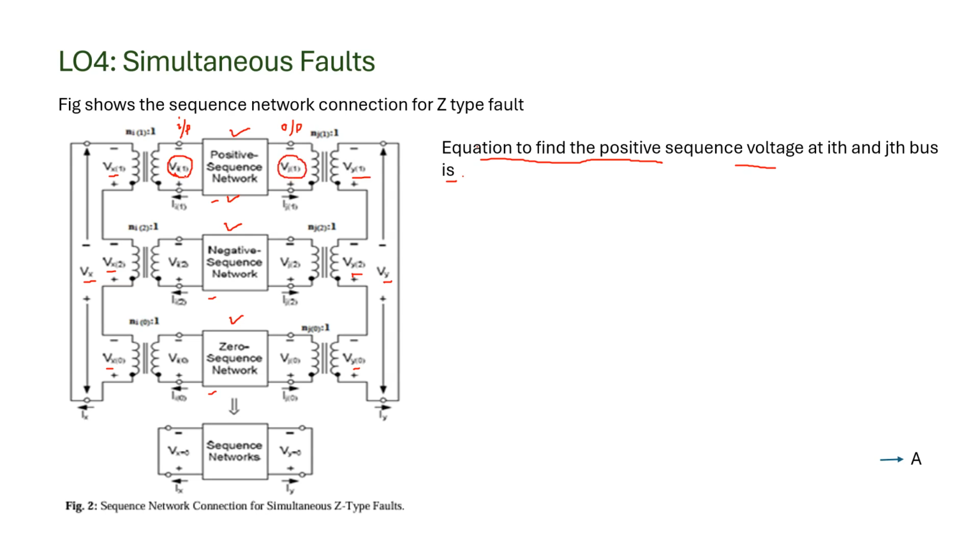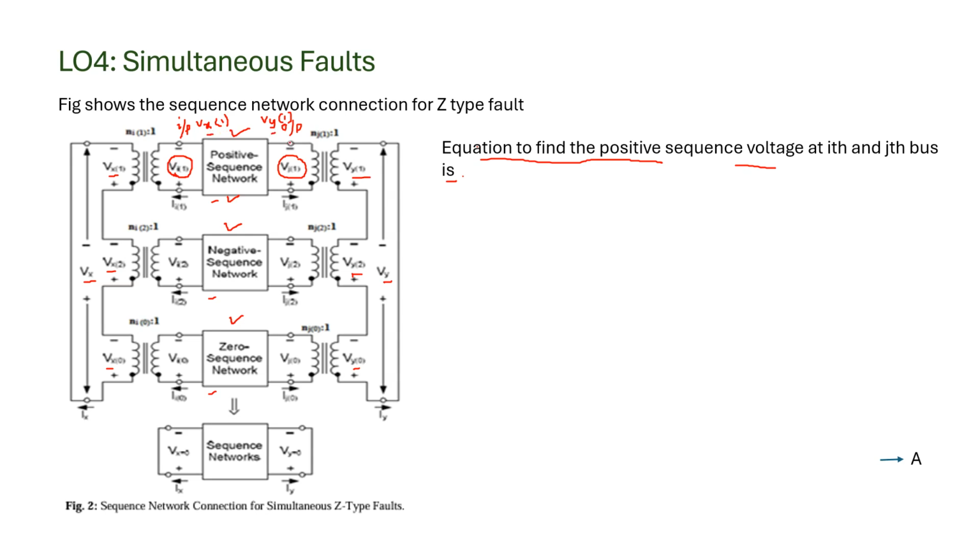This voltage is taken as Vx1, the positive sequence voltage at the faulted point X, and this as Vy1, the positive sequence voltage at the yth point.